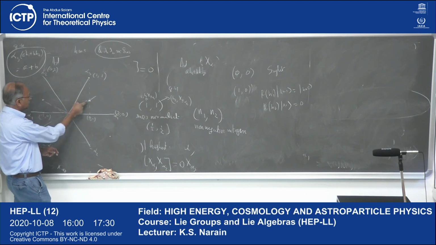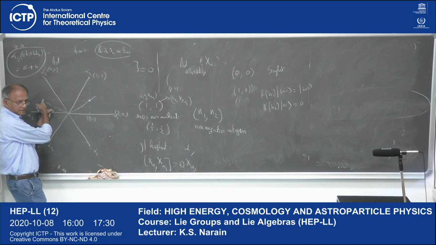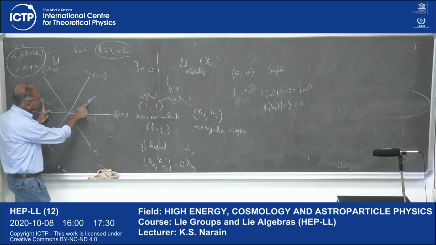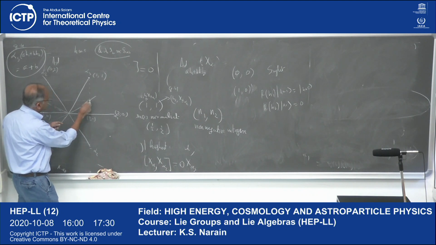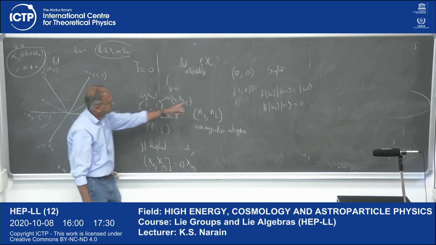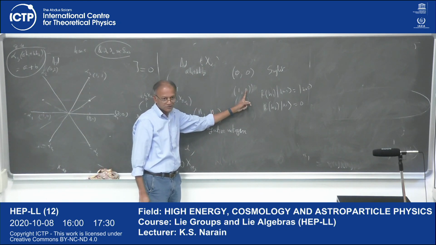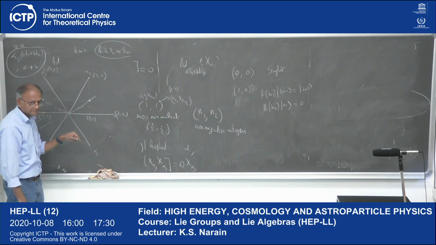Here you go here, but after that you cannot go because this will be the lowest weight state of the SU2. If I apply x minus alpha 2, that cannot be because this is the spin 0 representation of the second SU2. So that's a singlet of that. So you cannot apply x minus alpha 2 here.